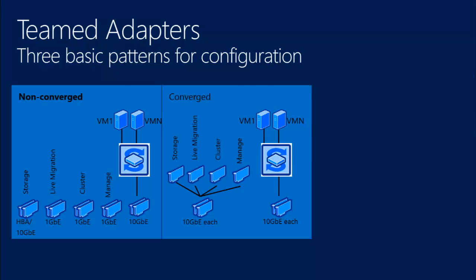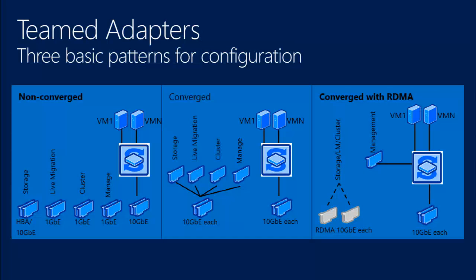So instead, we're moving towards what we call a converged network: the idea that you can have a smaller set of NICs, but then you carve out virtual NICs off of them for a specific purpose. And you assign the quality of service to those virtual NICs, either directly on the team or on a virtual NIC coming off of the virtual switch.